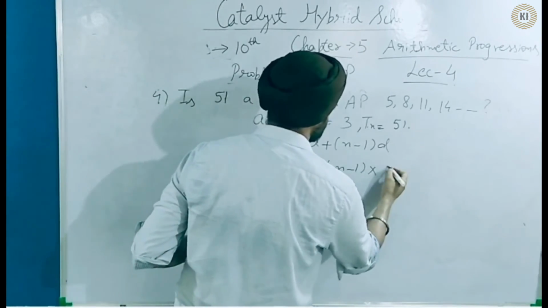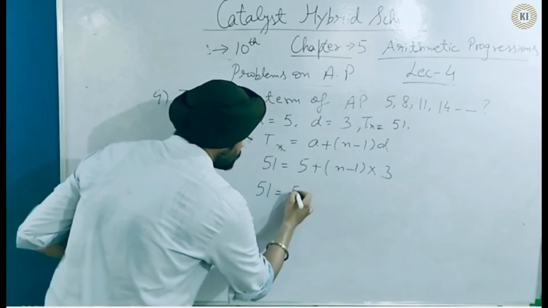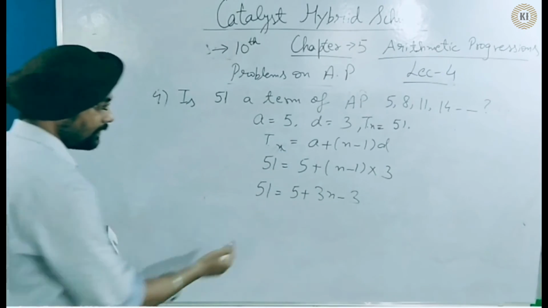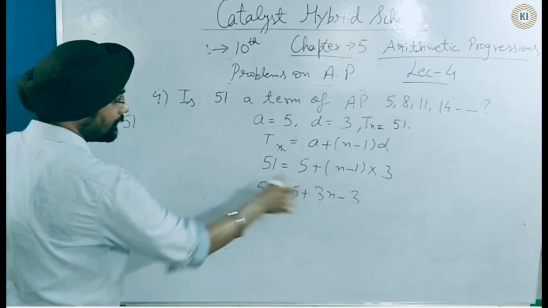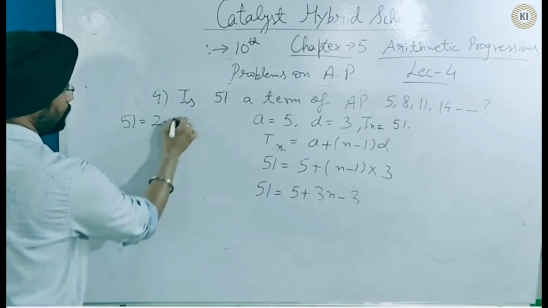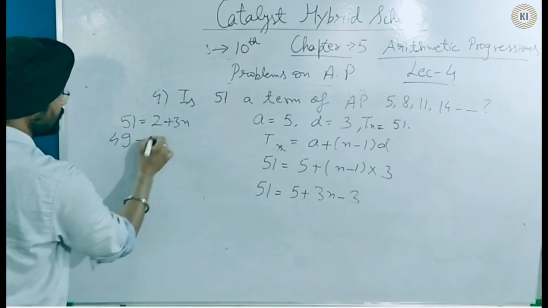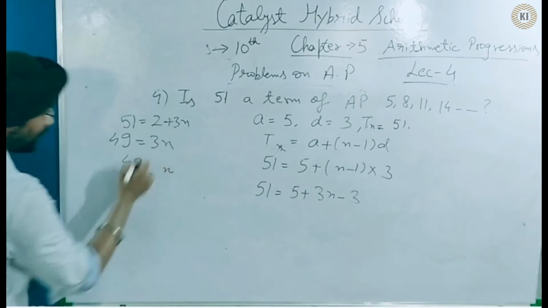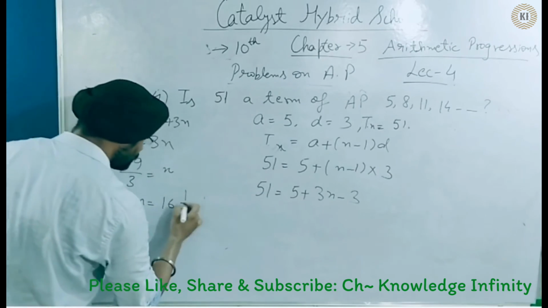Value of d is 3. So 51 is equal to 5 plus 3n minus 3. Transfer this side. So 51 minus 2 is 49, 49 is equal to 3n. So 49 upon 3 will be equal to n. So value of n will be 16 whole 1 by 3.